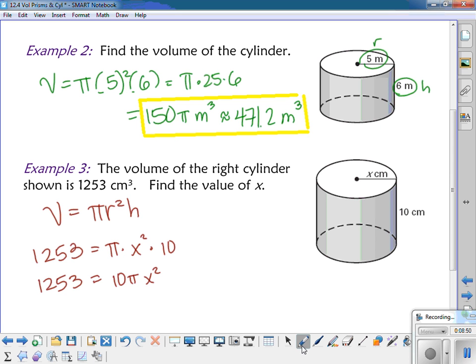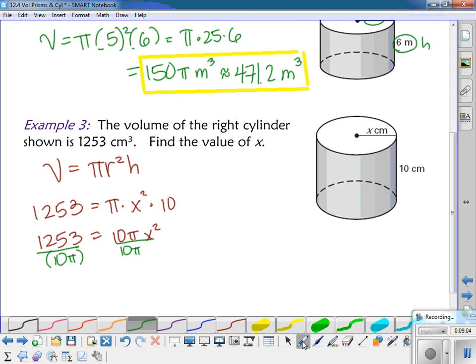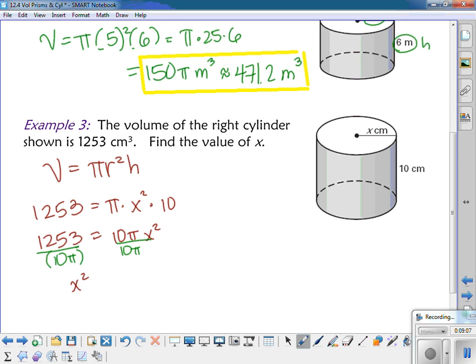So I need to divide both sides by 10 pi. And again, be careful how you put it in your calculator. Put parentheses around it, or make sure you hit the divide twice. All right, so then I get x squared is equal to 39.884.